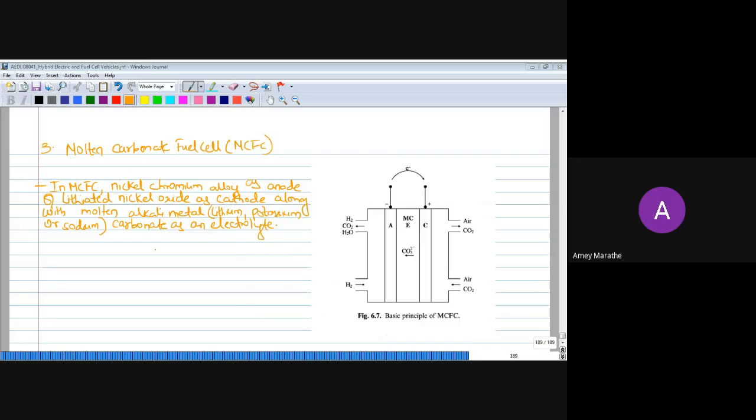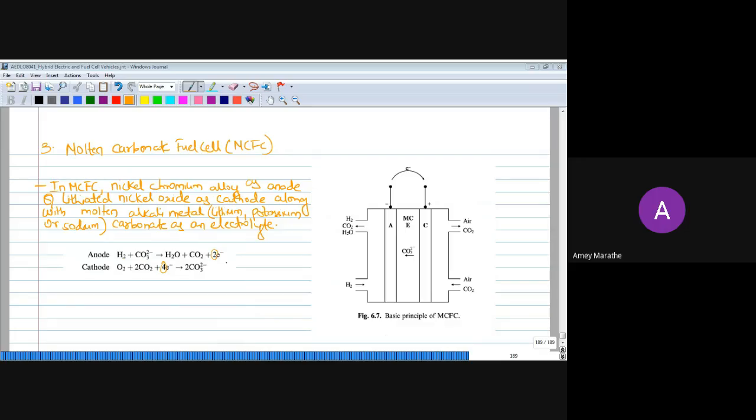So again, if you see the reaction happening at the anode and cathode, the output is going to be water, but the reaction will be slightly different. What we are interested in, from the last lecture, is the number of electrons which are liberated. Okay, so you see 2 and 4.